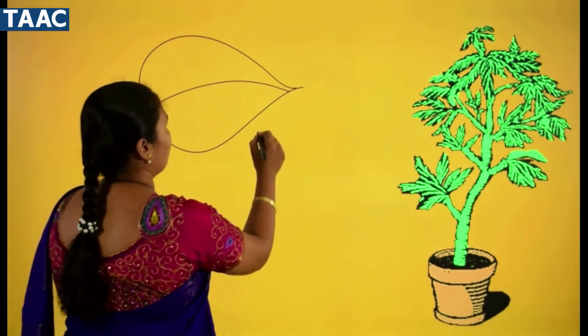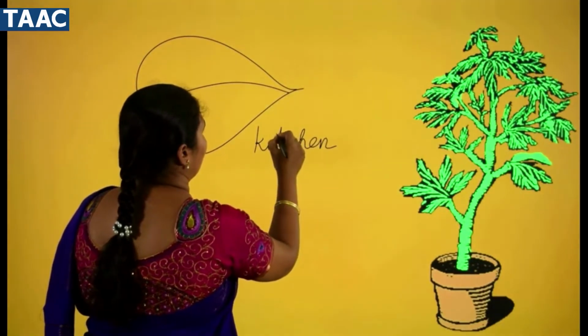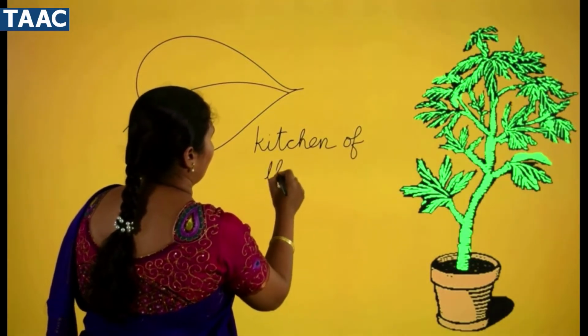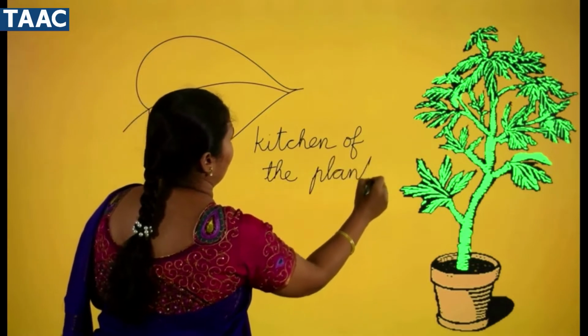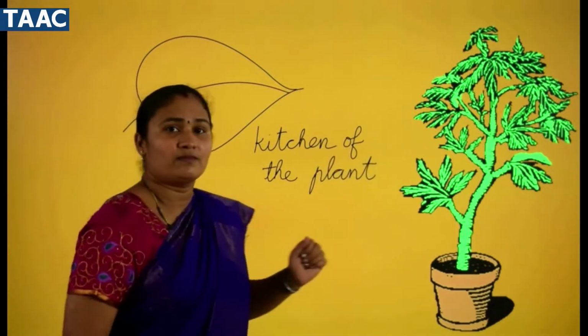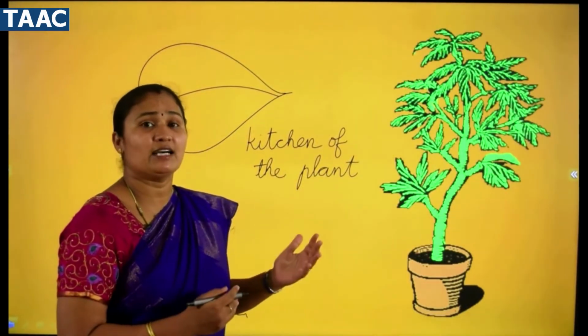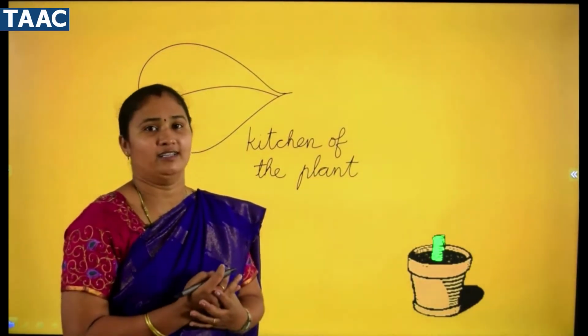So why do we call the leaf the kitchen of the plant or the food factory of the plant? Now, let us learn how these plants make their own food and what that process is called.